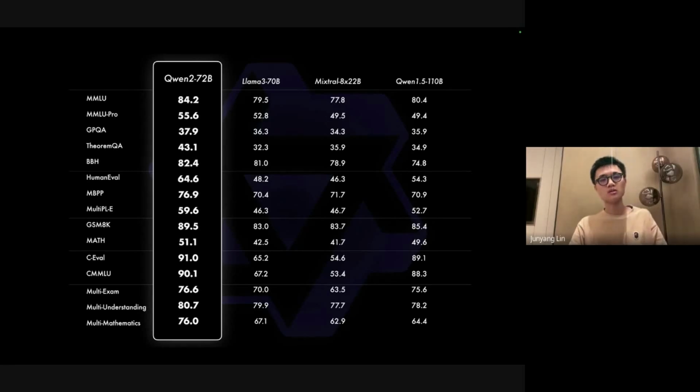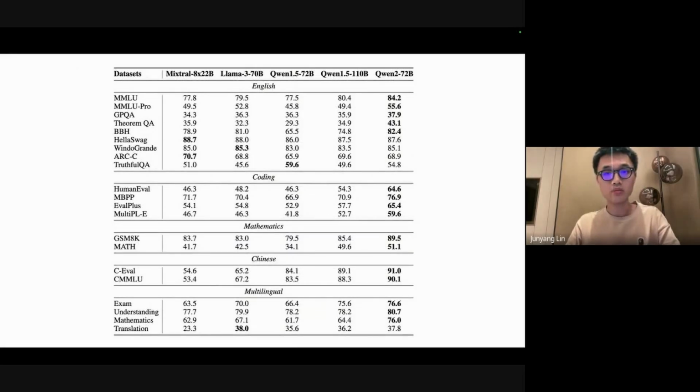Qwen2 72B is better than especially the larger model Qwen1.5 100B and 110B. And for some datasets in the training part, it is better than Llama 3 70B. So we are very confident in our pre-trained model as well.